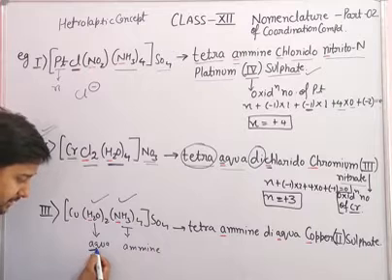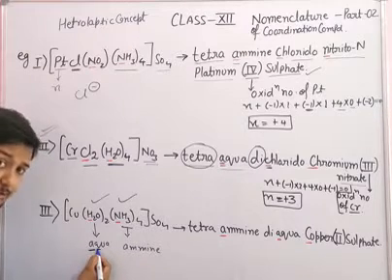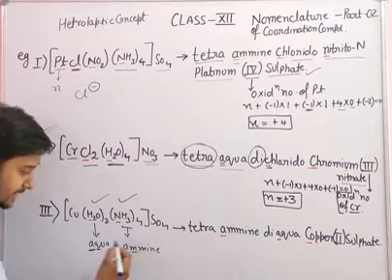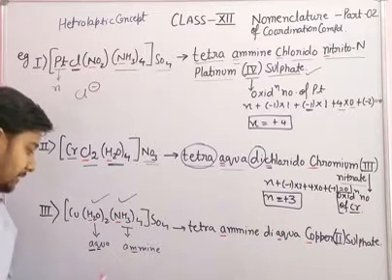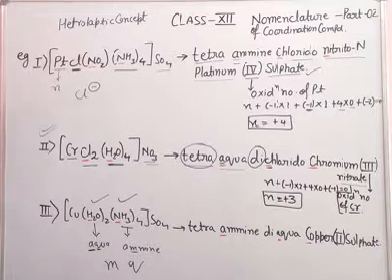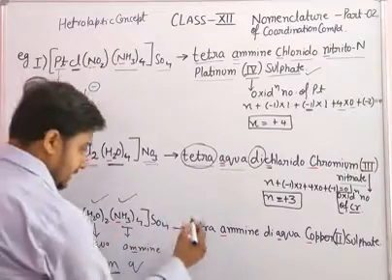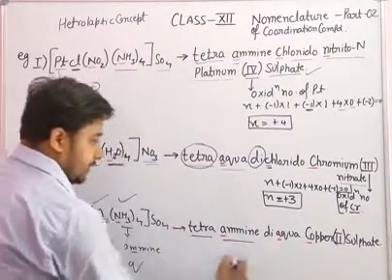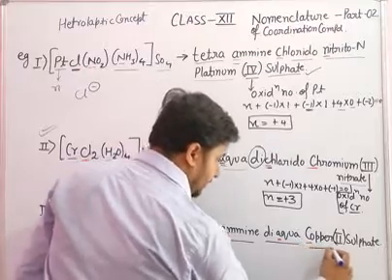After A this is Q, and after A this is M. Which will come first, M or Q? M will come before, so that's why we use tetraamine diaqua copper.